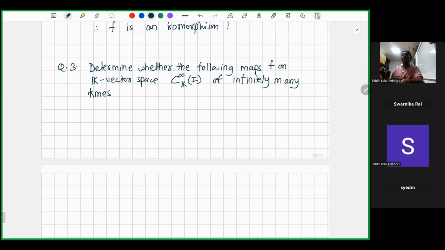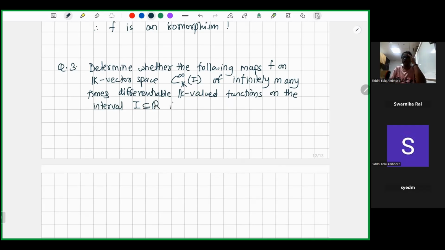These are functions which are n times differentiable for any given n in natural numbers, infinitely many times differentiable, K valued functions on the interval I in R. This differentiability is normal differentiability. The maps are into itself, R K linear.